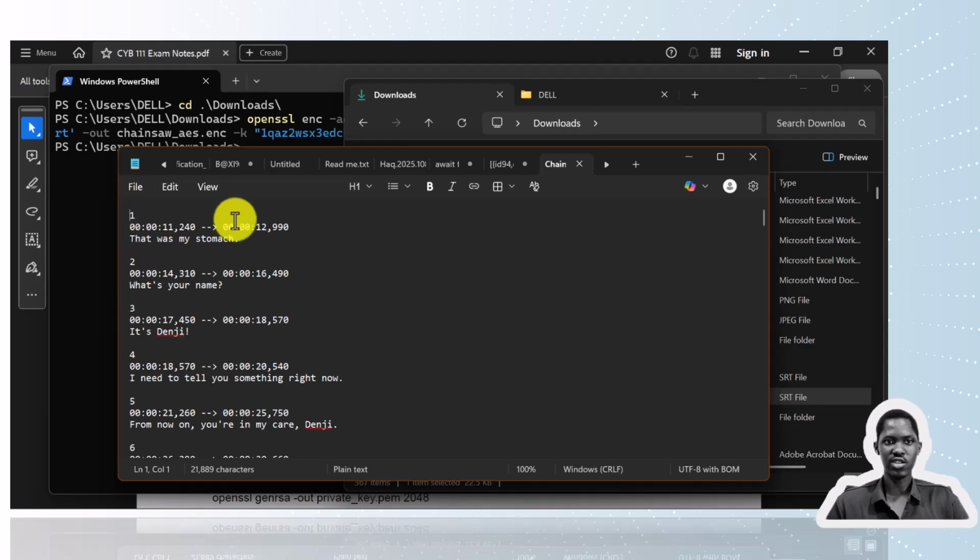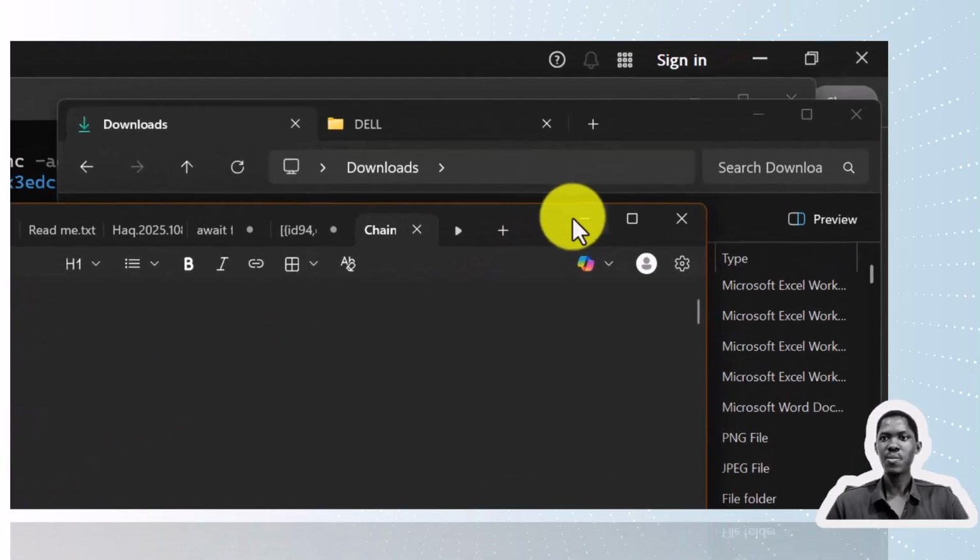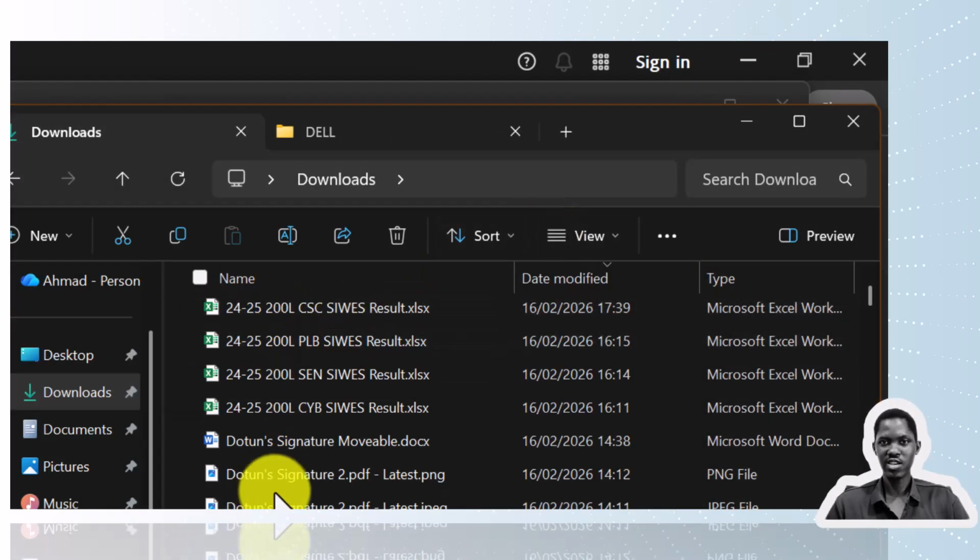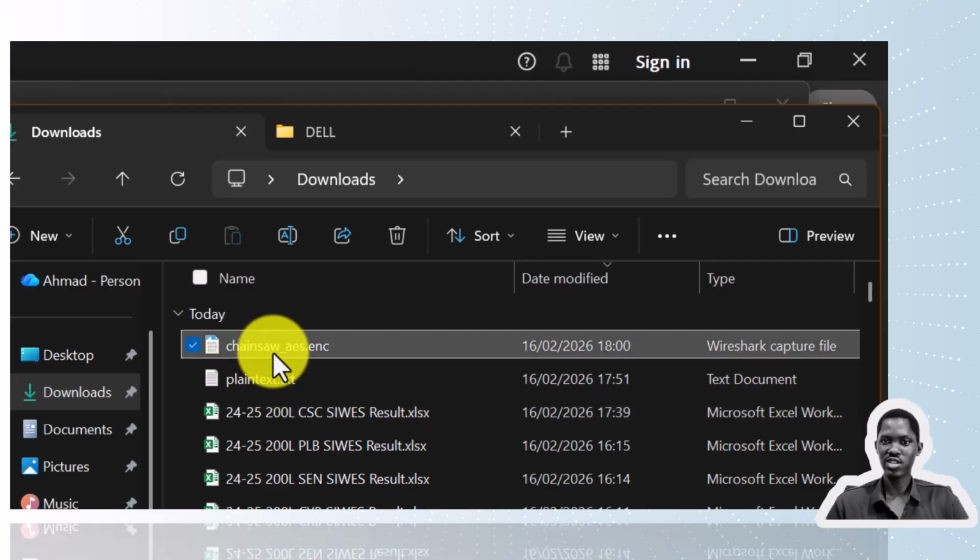Yeah, you can see the content. It's very readable. What's your name? And timestamp. It's Denji. I need to tell you something right now. From now, you are in my care. Denji, blah, blah, blah, like that. Right? So now, let's check the equivalent encrypted file. Let's see what is in there too.